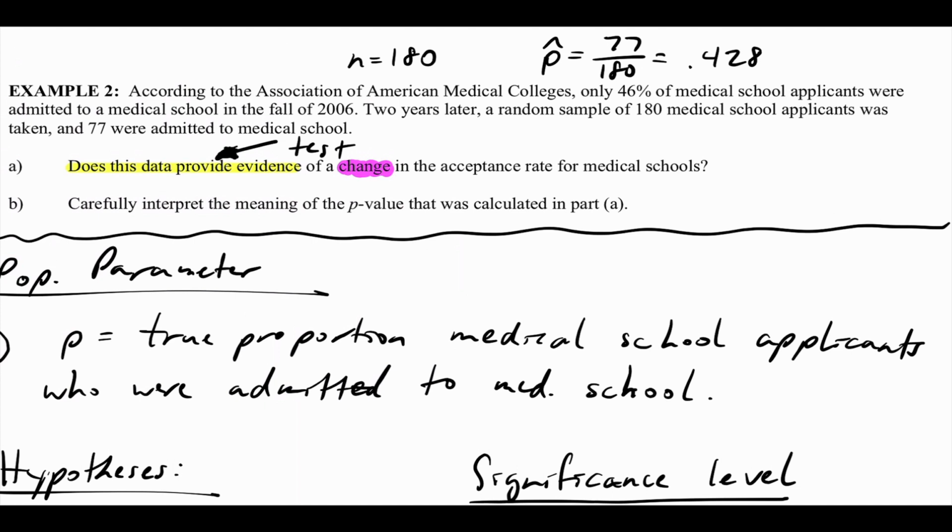But you've got to be careful, because how do we know if we reject or fail to reject? What's the thing that tells us whether we reject or fail to reject? When do we know? Less than what?